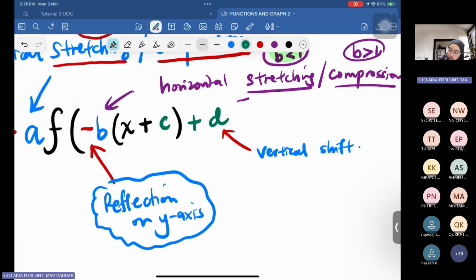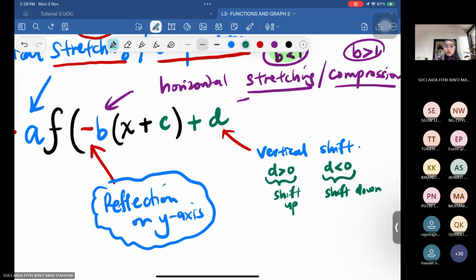So if your d is positive, more than 0, then you have to shift up, correct? Meanwhile, if your d value is negative, less than 0, you have to shift your graph entirely down. Okay? This is for y. Y always follows the rules, but not for x. X is always against the nature.